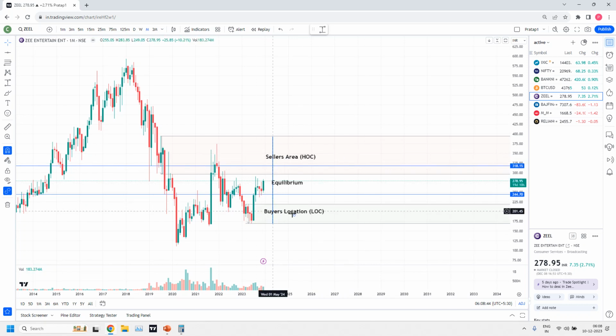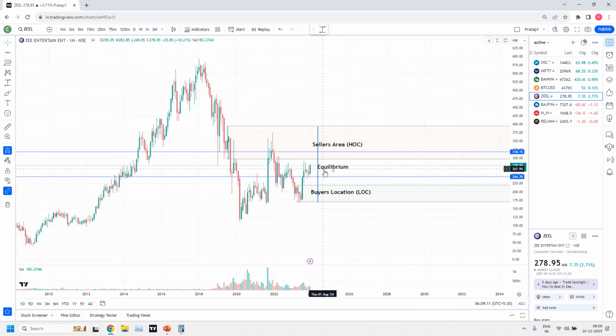Exactly the same way, if you want to buy, buying in the seller's area is not a good choice. Similarly, selling in the buyer's area is not a good choice. That is the reason why, to identify our trade plan, we are identifying this buyer's area, seller's area, apart from this equilibrium.